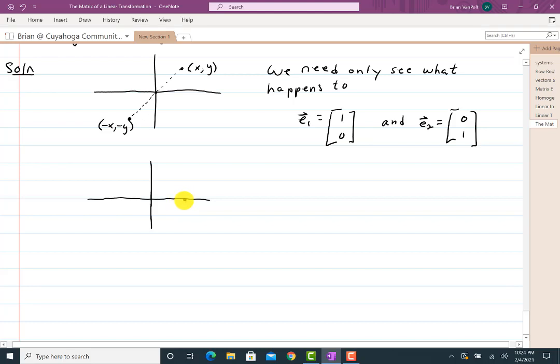Once again, I'll put my point 1, 0. Put a little arrow here to vectorize it. Anyways, as it goes through the origin, think about what happens if this point stays on a line from it to the origin, then continues to the other side. It's going to end up at negative 1, 0. So this point here, it didn't go in that direction. It went through and went to negative 1, 0. Similarly, let's take a look at 0, 1.